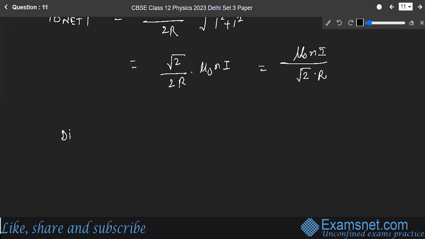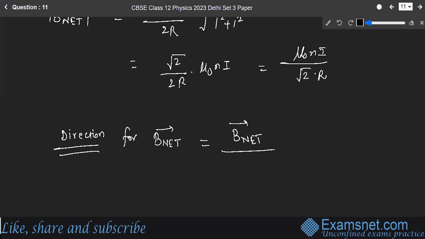The direction for B net will be given by the division of B net upon its magnitude. So this will be used to find out the direction.